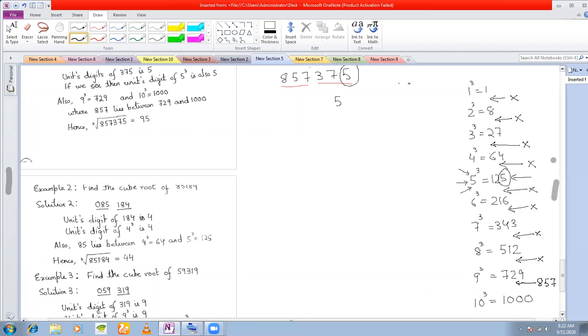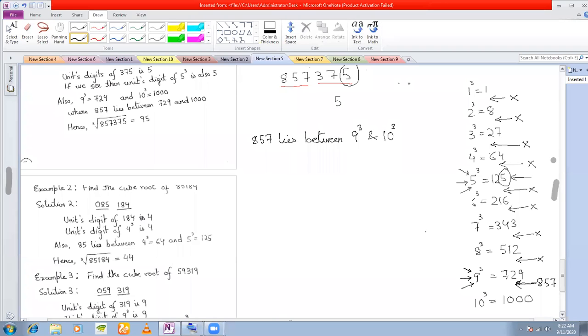So what you do is, since 857 lies between 729 and 1000, you choose the lower digit. It lies between 9 cube and 10 cube, right?